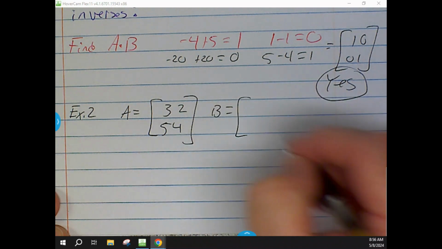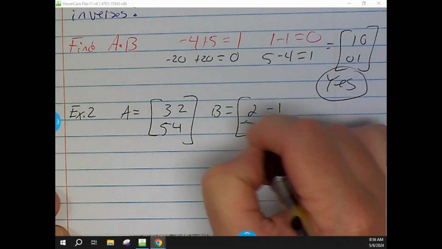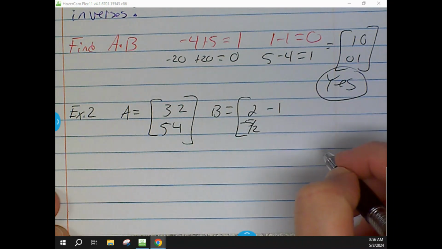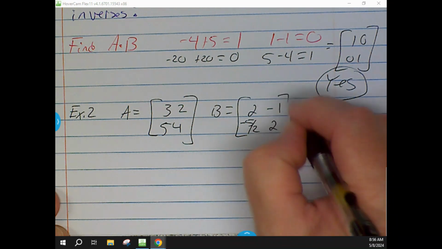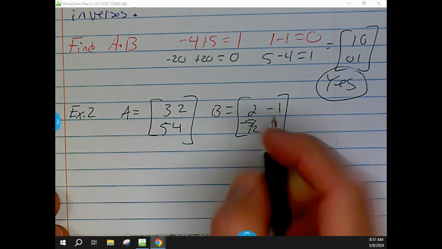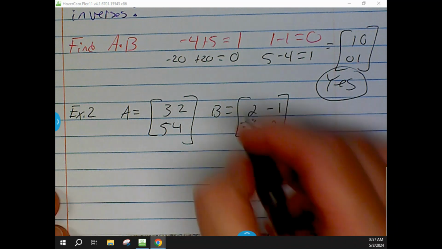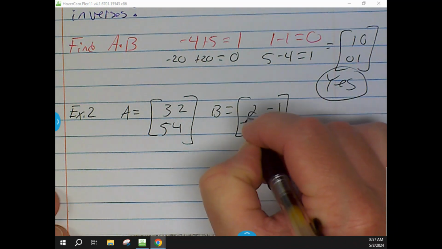And B is 2, -1, -5 over 2, and then 2. That's -5 over 2? Yeah, -5 over 2. I'm throwing a fraction at you just so you'll get used to seeing them, because you will occasionally see some fractions mixed in.